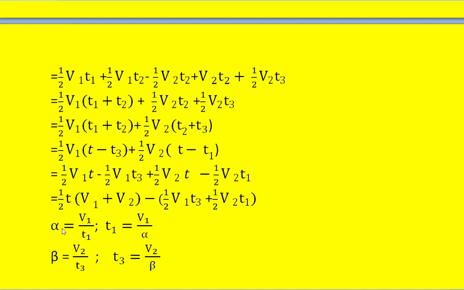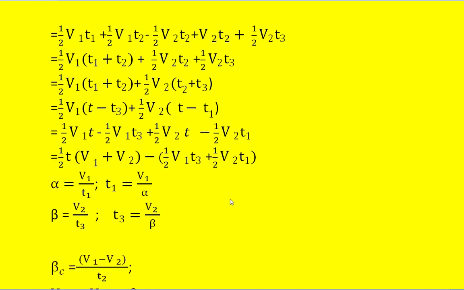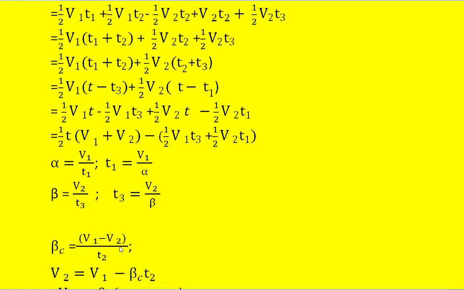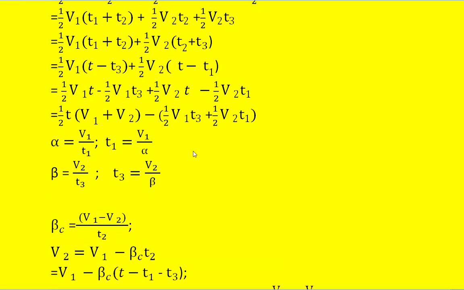Now we already know that alpha is equal to V1 by T1, and from that T1 is nothing but V1 by alpha. Similarly beta we know, that is V2 by T3, so from that we can write T3 is equal to V2 by beta. So we substitute these values in this equation, and also we use this beta c, that is equal to V1 minus V2 divided by T2.